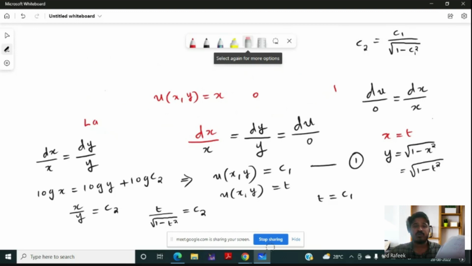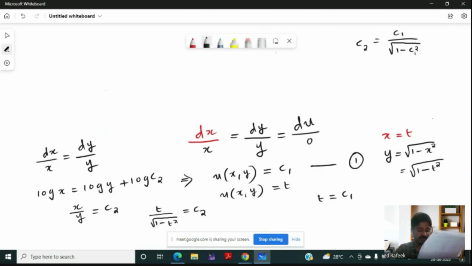From there, multiplying, c1 square is equal to c2 square into 1 minus c1 square.